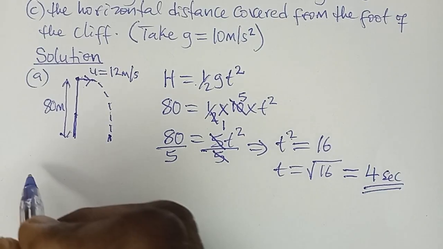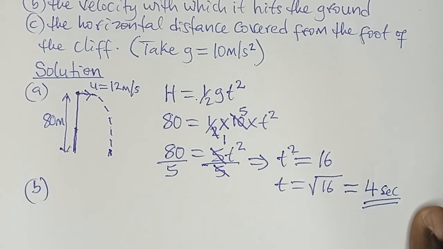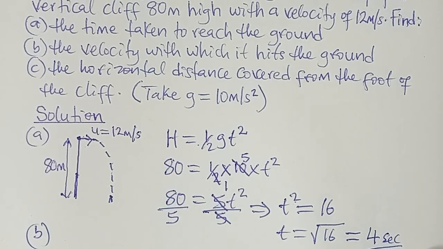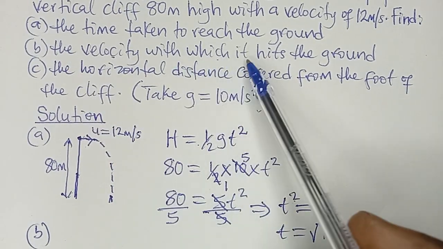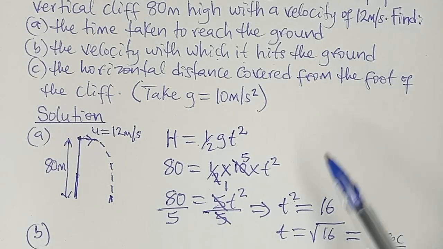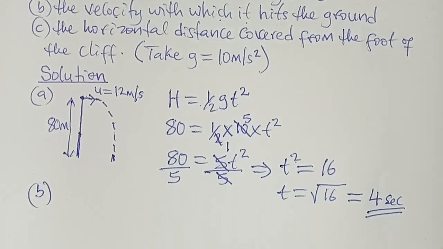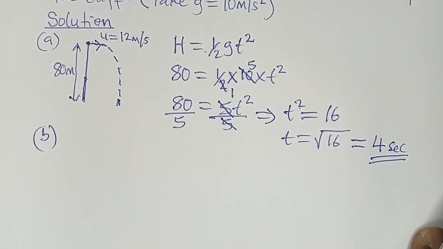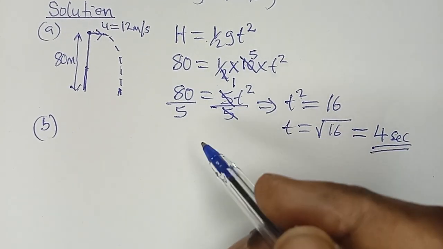Now let's move to the B part of the question. It says we should find the velocity with which the stone hits the ground. Similarly, this is also a vertical motion, and we are looking for velocity.